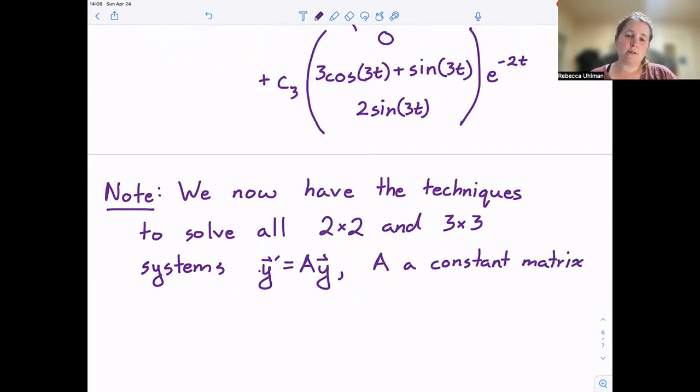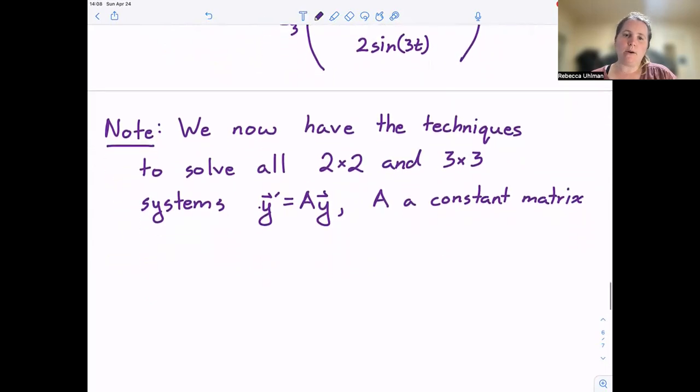We have not hit all possible cases for repeated eigenvalues for a higher n, nor have we hit all possible cases for repeated complex eigenvalues. So for n larger than 3, we have not dealt with all possible cases of repeated eigenvalues.